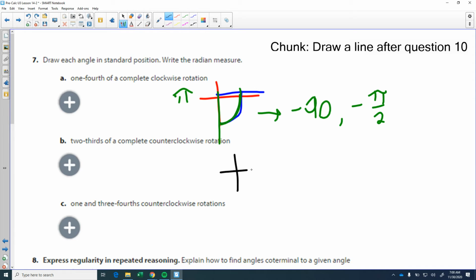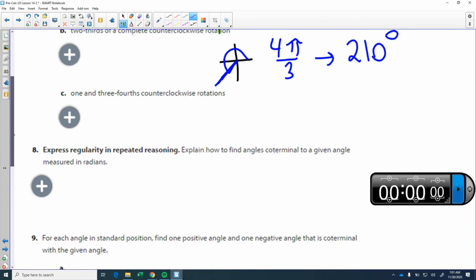So let's quickly go through that one. This would be 2/3 of the whole graph, or in other words, all the way down here, which would come out to be 4 pi over 3. That value is going to be the same as 210 degrees. So we can always reference back to these using this information, okay?